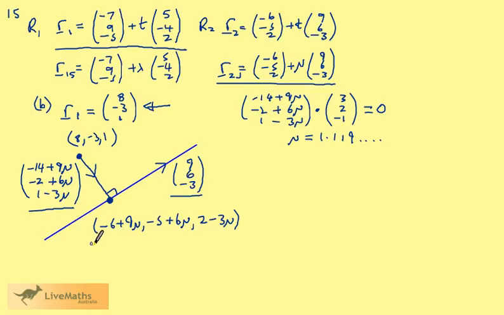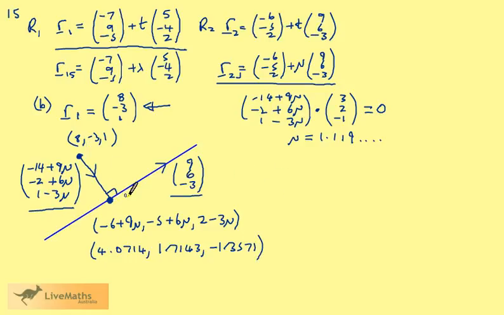That establishes this point as 4.0714, 1.7143, and negative 1.3571.